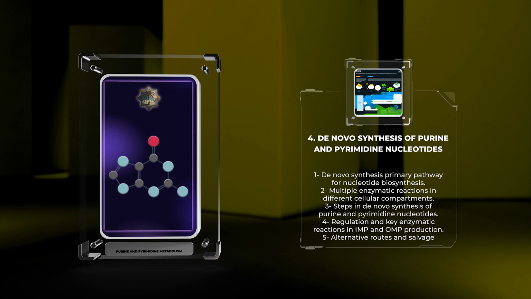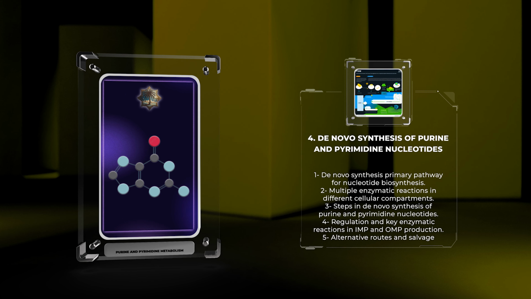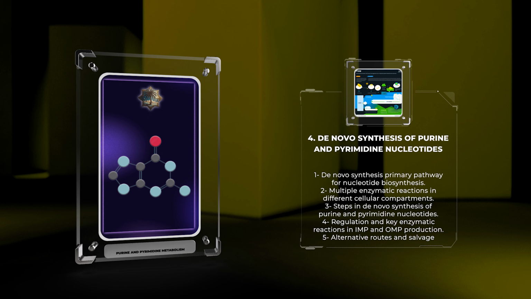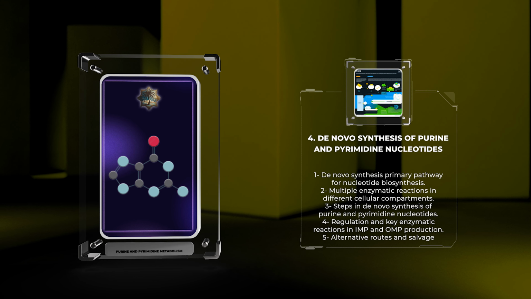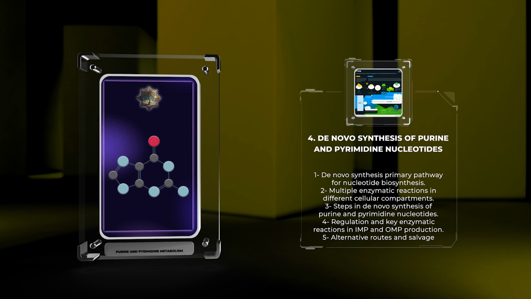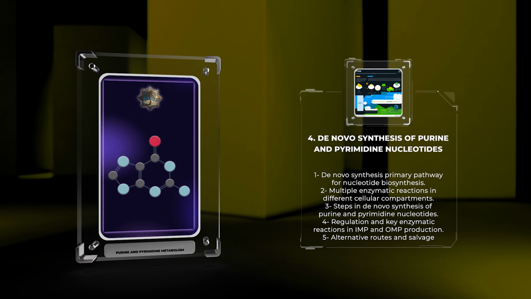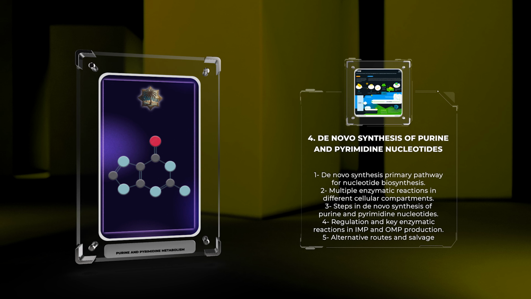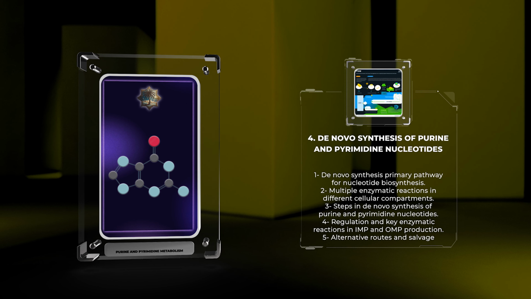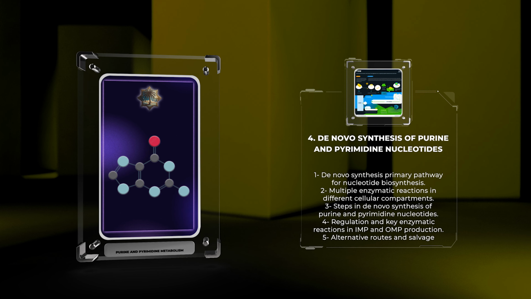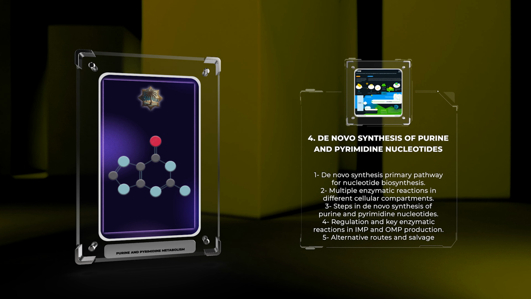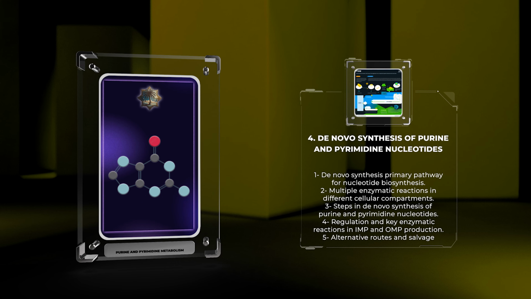We will delve into the regulation and key enzymatic reactions governing the production of inosine monophosphate, IMP, and orotidine monophosphate, OMP, the precursor molecules for purine and pyrimidine biosynthesis, respectively. Understanding the de novo synthesis pathways is essential, but so is being cognizant of alternative routes available to the cell for nucleotide synthesis. In our next topic, we will explore the salvage pathways in purine and pyrimidine metabolism.